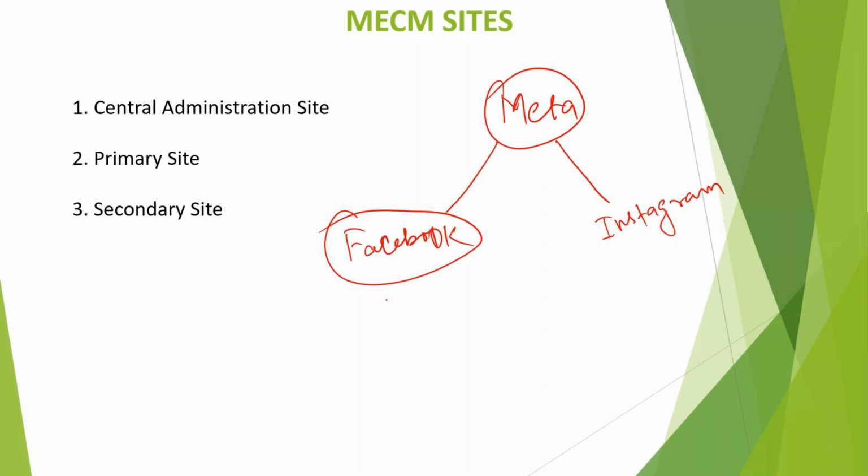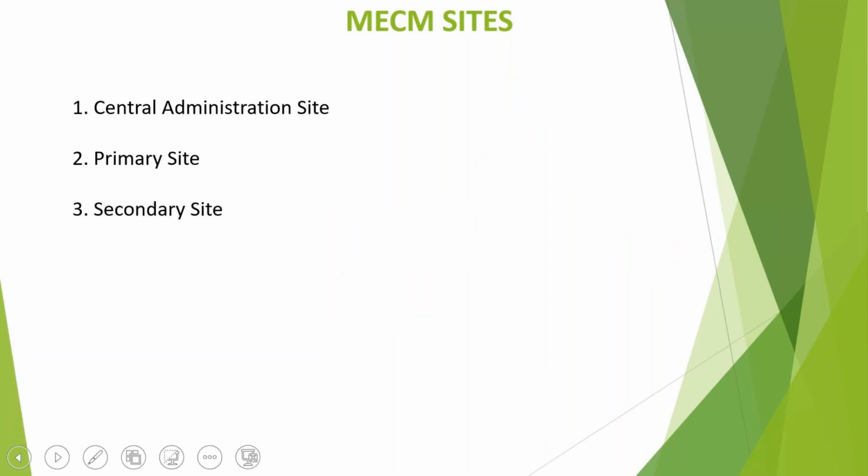Now, Facebook has 100,000 devices, and Instagram also has 100,000 devices. So in order to manage this kind of organization, what we will do is set up one primary site each.